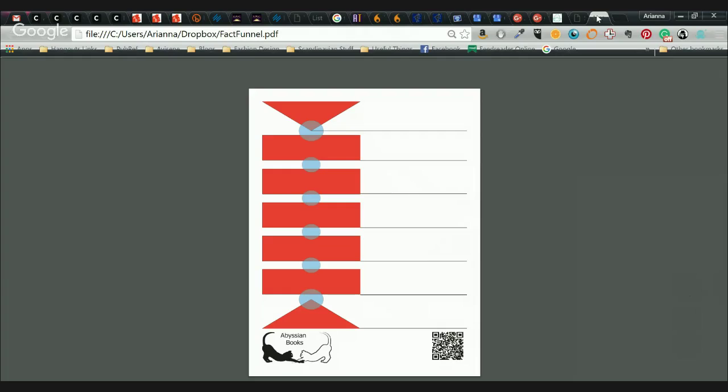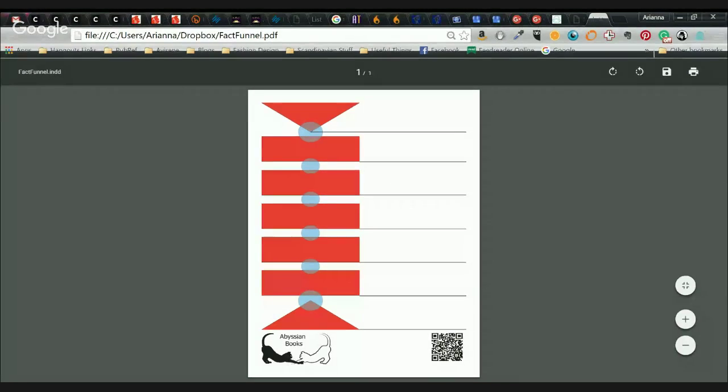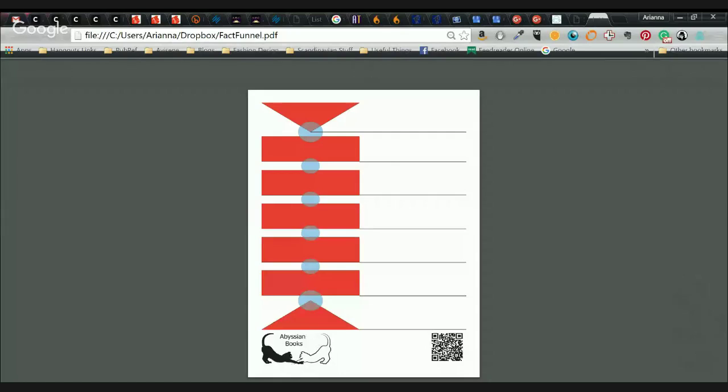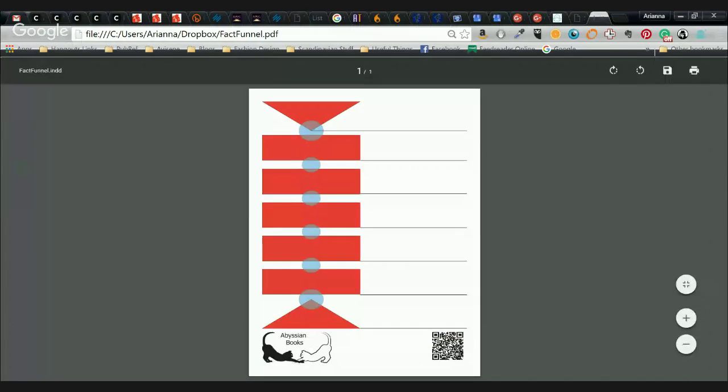So the way that I do my storyboarding, I'm a visual person, so I prefer to do a storyboard rather than an outline, because it lets me see all of the pieces next to each other.